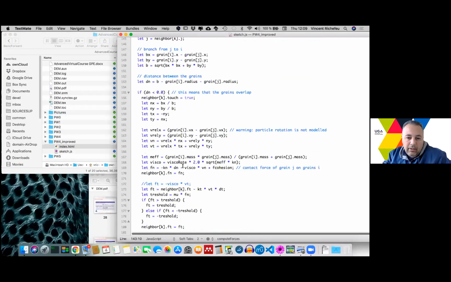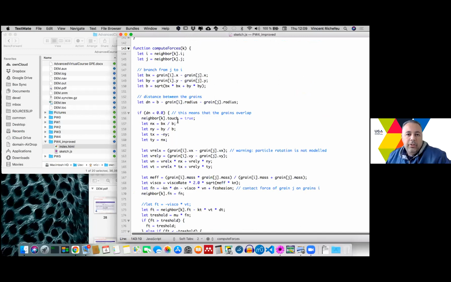First solution, add a negative term to the normal force when the particles touch one another.